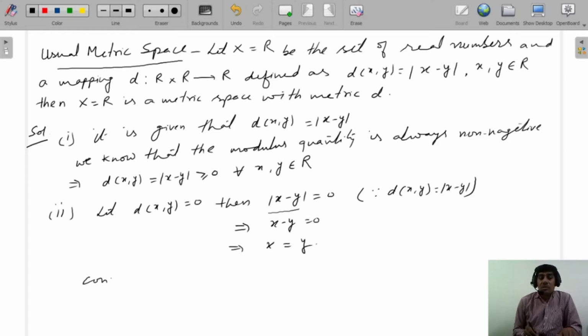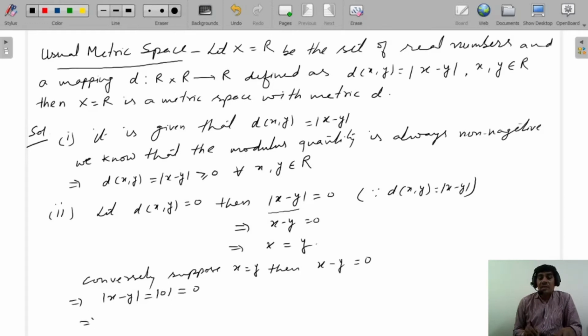Conversely, suppose x is equal to y, then x minus y is equal to 0. This implies modulus of x minus y is equal to 0.